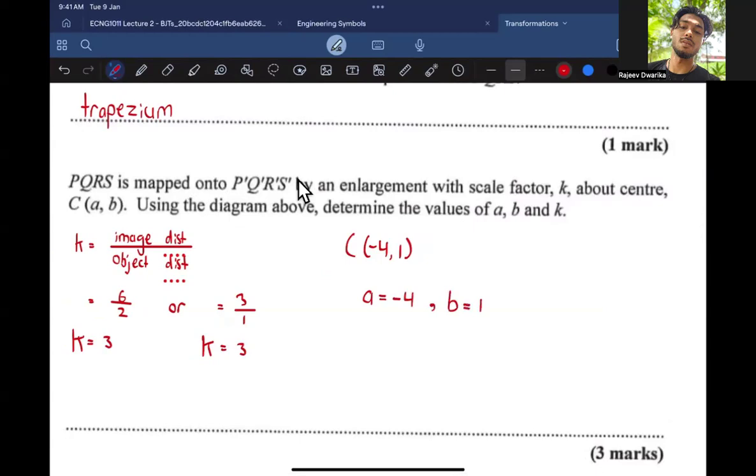Now someone might be wondering where I pull out A and B from. Well, look at the question. They tell you it has a scale factor, which we found was 3, and that it is enlarged about the center C. We found the center to be minus 4, comma 1. So A would be minus 4 and B would be 1. A is minus 4, B is 1, and K is 3. So that's my answer.